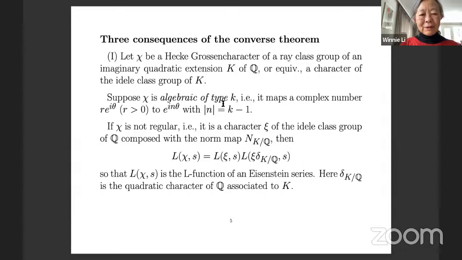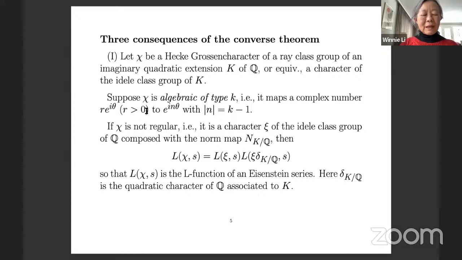So there's a condition on chi at the Archimedean component of the ideles, which is C cross. We take a non-zero complex number and write it as its distance to the origin times the unit vector, and then chi will map such a complex number to e to the i n theta. So it just takes the unit vector raised to the nth power, where n is plus or minus (k minus 1).